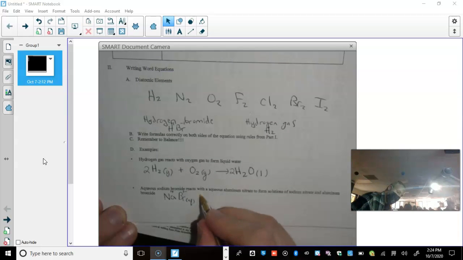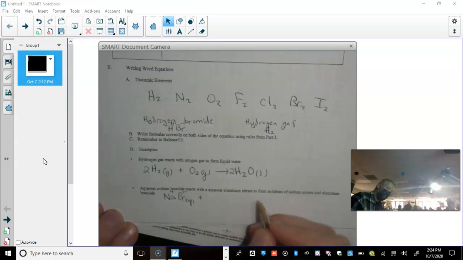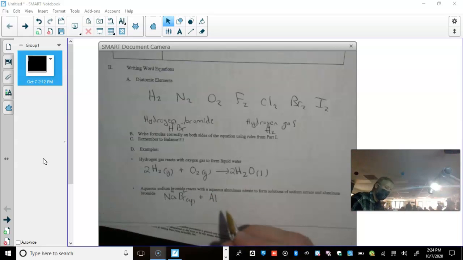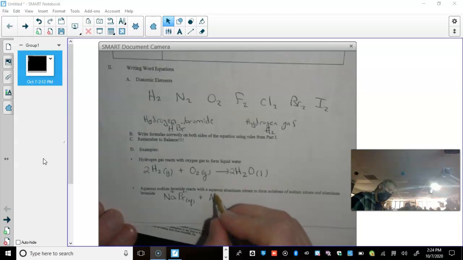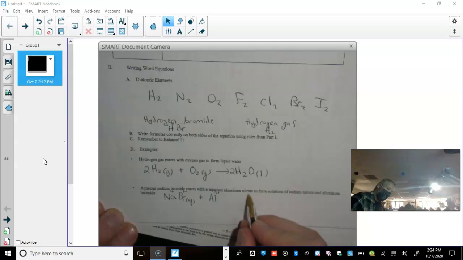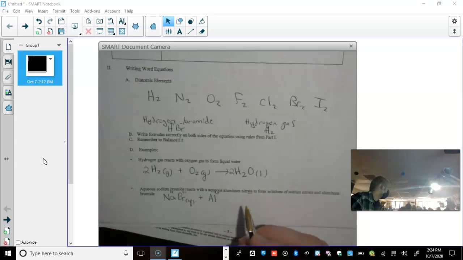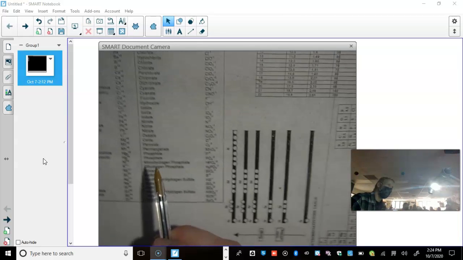All right. It reacts with aqueous aluminum nitrate. Aluminum is Al with a what charge? A 3+ charge, all right. And nitrate, ATE ending, that means it's a polyatomic ion. What's the polyatomic ion nitrate? Where is it?